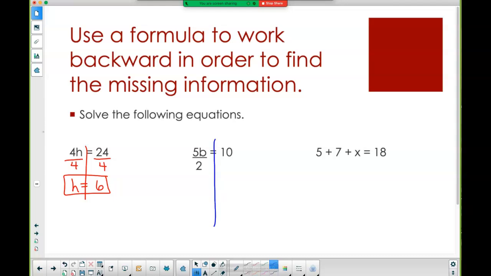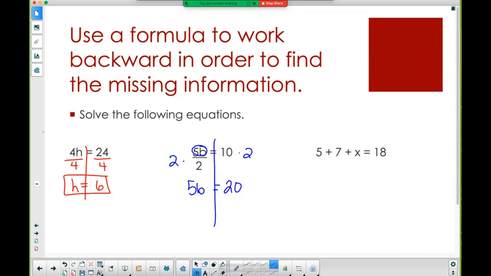The best friend's always right next to it. Best friends don't leave each other's side. So the letter's best friend is the 5. They stay together. We need to get rid of the 2. The 2 is not the best friend, so it has to go away. How do I get rid of dividing by 2? Multiply each side by 2. Okay, so then we have 5b equals 20.